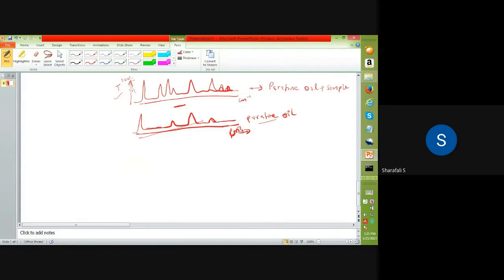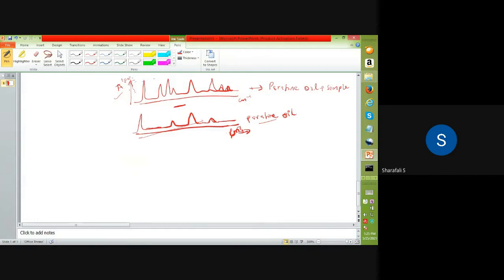So I'm talking about this. This should be absorption, these frequencies are absorbed by the sample. Yes, absorption is minimum here, which means the transmittance is maximum. So that maximum will be 100%, and the remaining will be less than that.